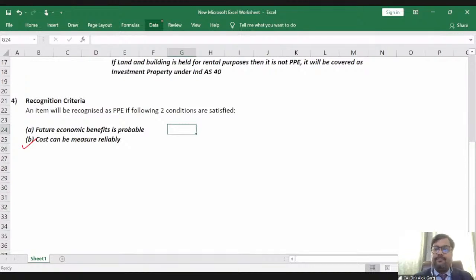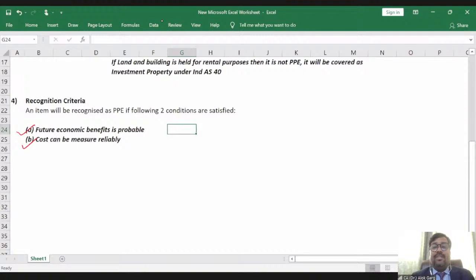Second example: you have purchased machinery from China, right? The moment the machine reaches the factory, the government bans the output which is produced out of that machinery.